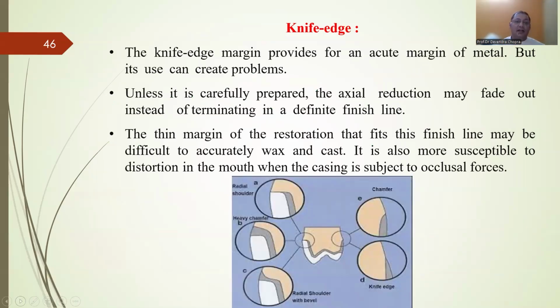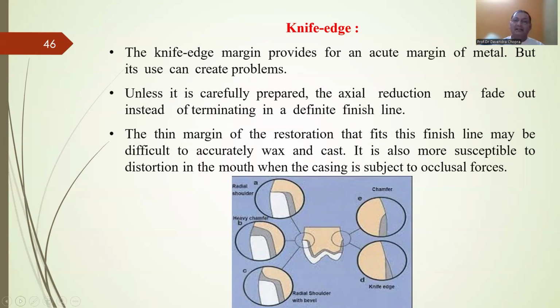Knife edge. Guys, I will never ever recommend, as a prosthodontist or as a general dentist, that you go with knife edge. Knife edge is right now an obsolete finish line. We hardly use it in any case. But there is only one clinical situation where you can go ahead with knife edge: tilted tooth preparation.